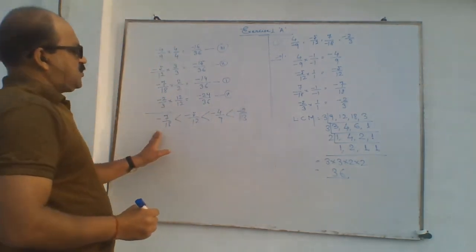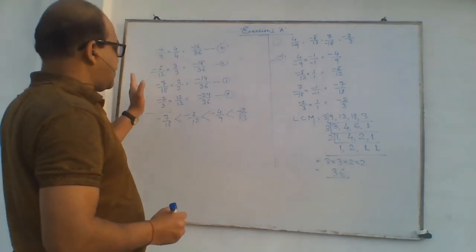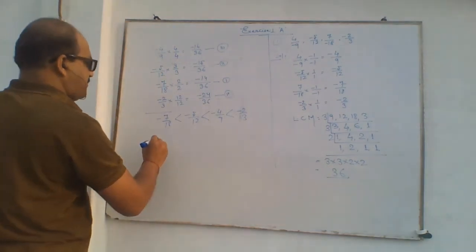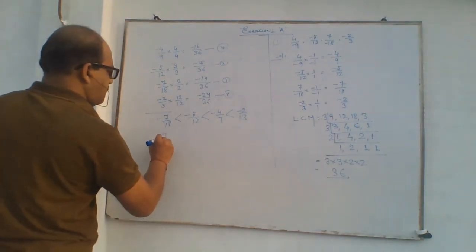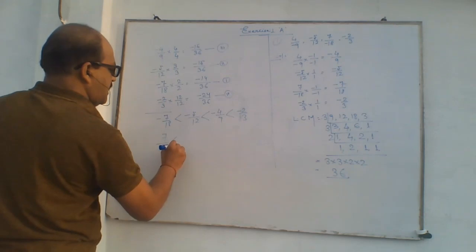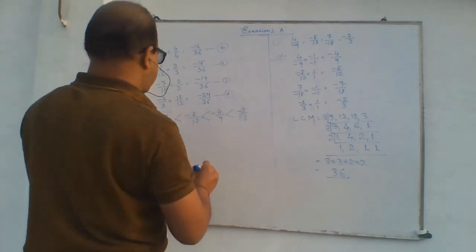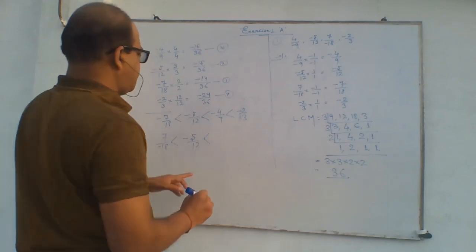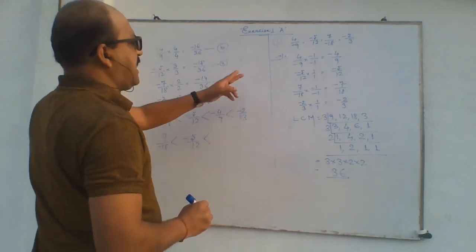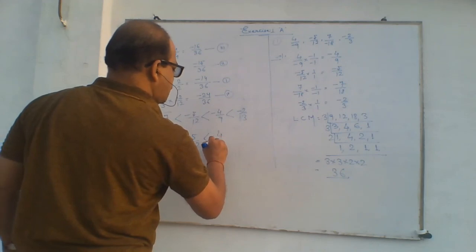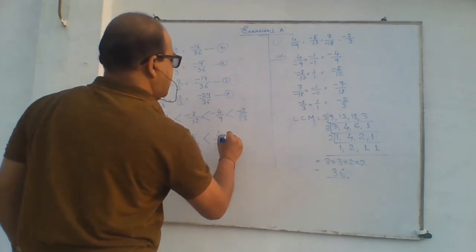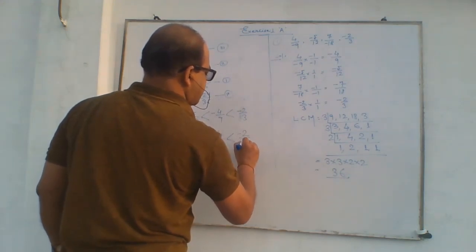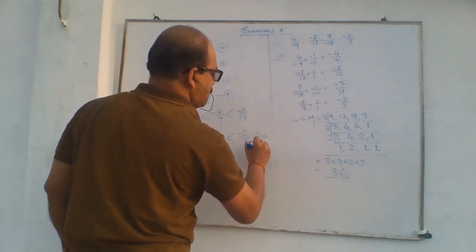This is the sequence of the rational numbers, but according to our question: 7 by minus 18, again minus 5 by 12, no need to change, next 4 by minus 9 and minus 2 by 3. The same question is given, and this is your answer.